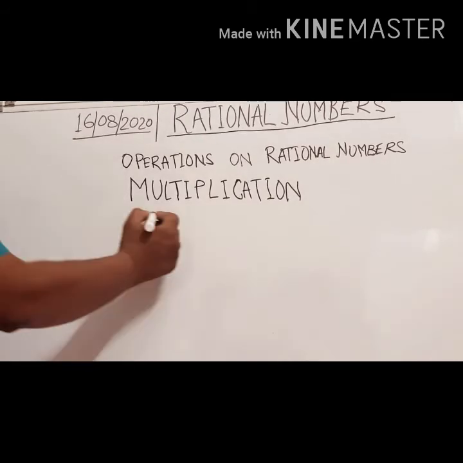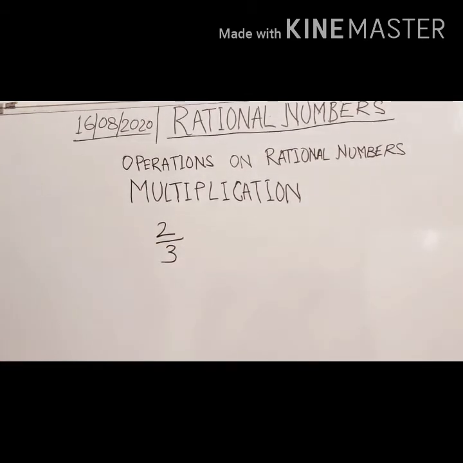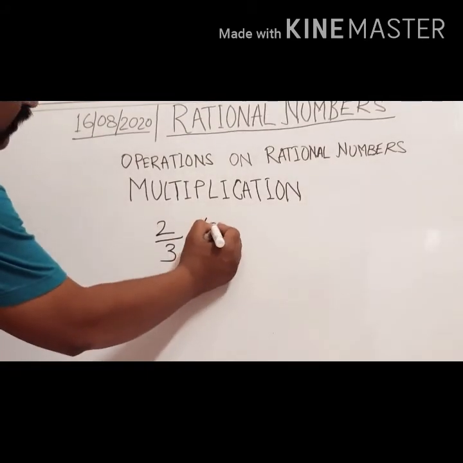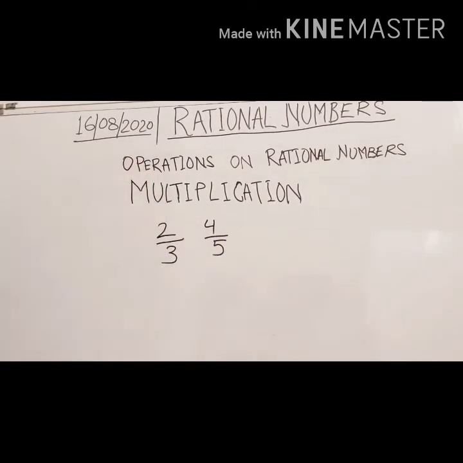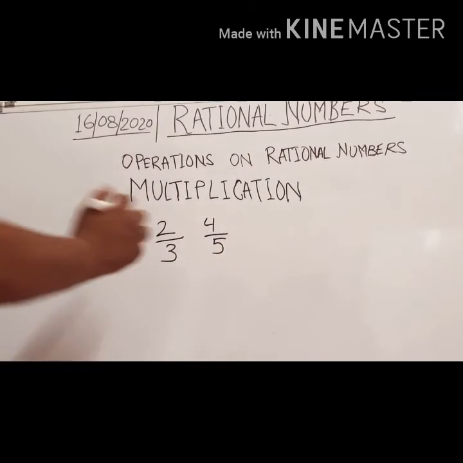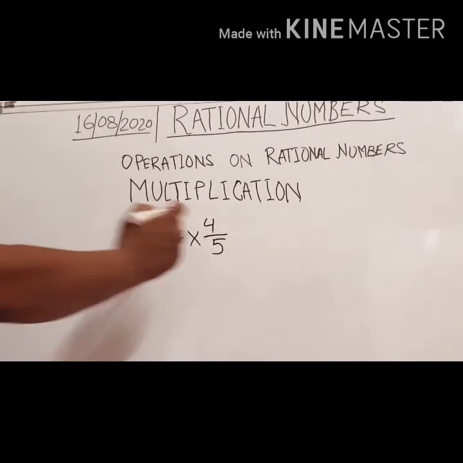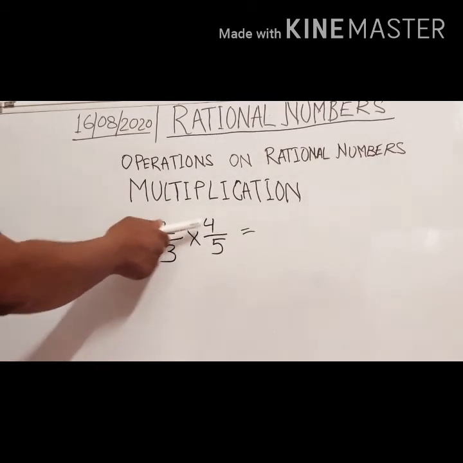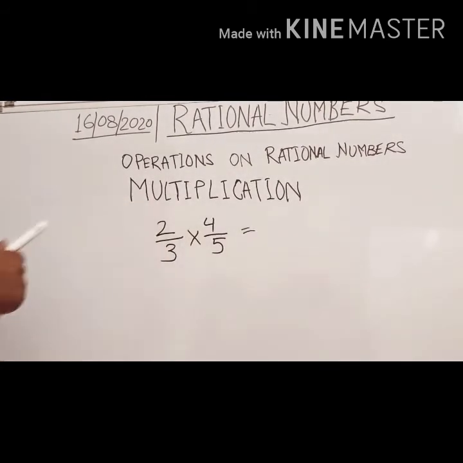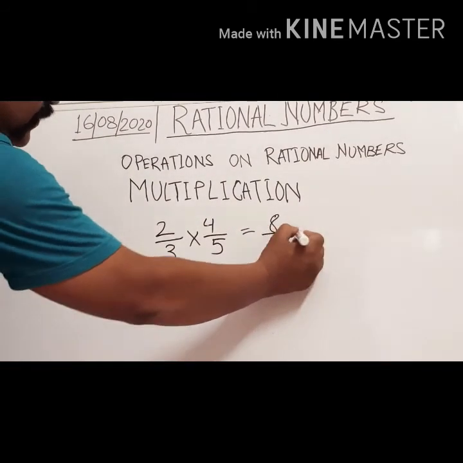Let us see. Suppose we have the first rational number 2 by 3 and another rational number 4 by 5. Now these two rational numbers are to be multiplied with each other. Put the multiplication sign between them, and multiply the numerator of the first rational number by the numerator of the second, that is 2 multiplied by 4 comes out to be 8.